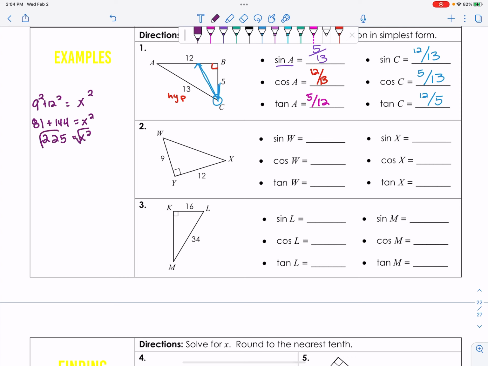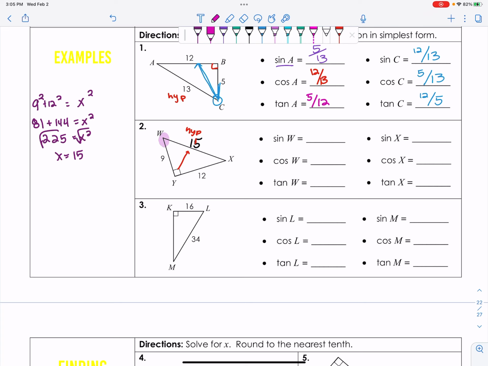Square root both sides, and x is equal to 15. So this side right here is 15, and that side just happens to be my hypotenuse, because it's directly across from my right angle.